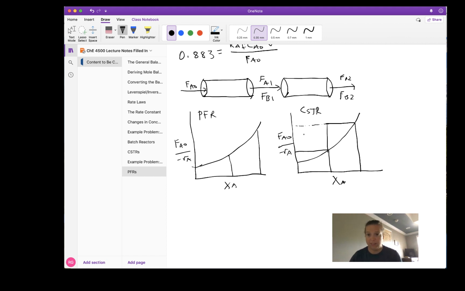If I had a single CSTR getting to this conversion, it would be all of this area. For the two CSTRs in series, I have this area plus this area. So you see how this is different than the case where I have two PFRs in series.